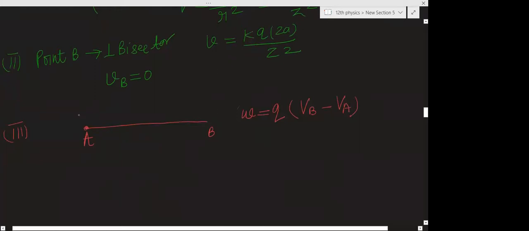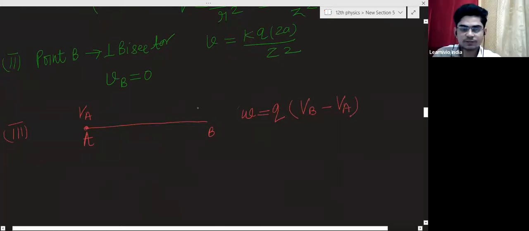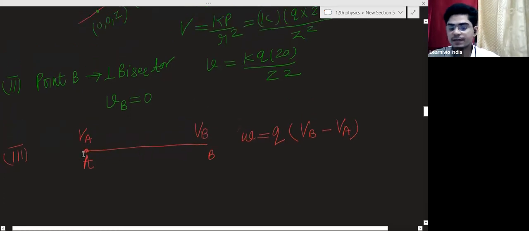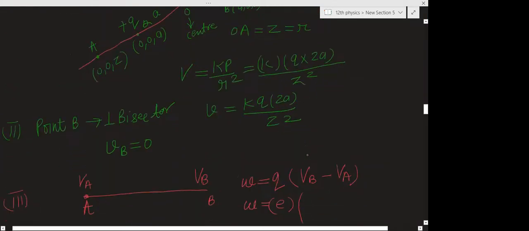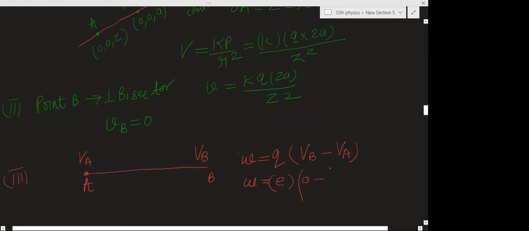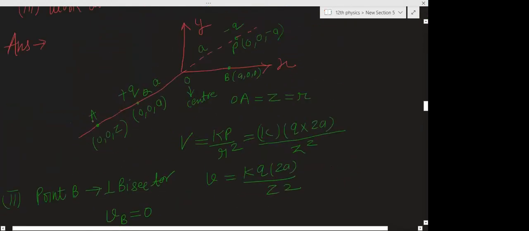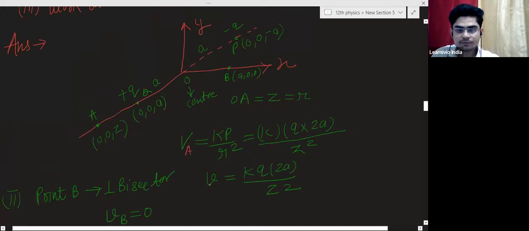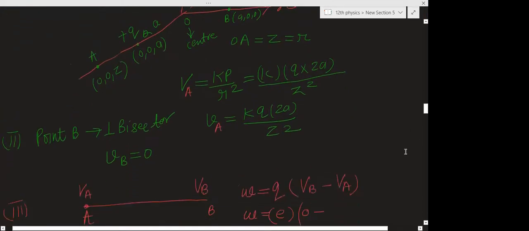Yes, sir. Here the potential is VA, here the potential is VB. So we can calculate the work done in carrying a proton. Proton is having a charge. So what is the charge of proton? It is written as e. And what is the potential at point B? 0. And what is the potential at point A? This is the potential at point A: KQ into 2A by Z square. Very good.